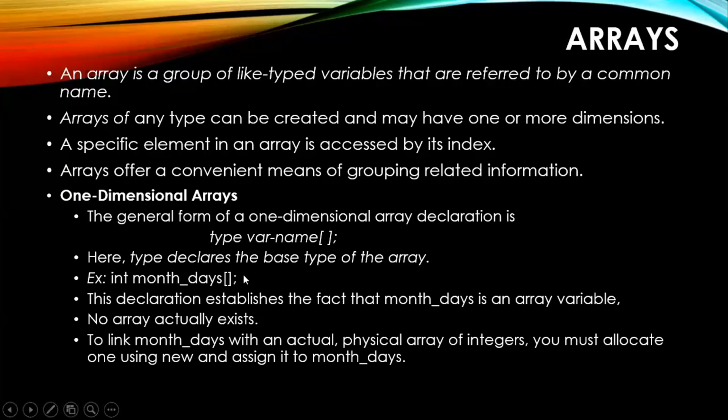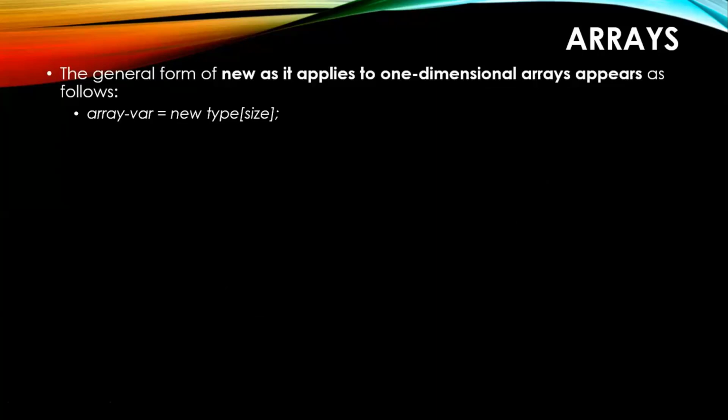After this declaration, we said that a logical appearance of an array will be there, but not a physical appearance, right? To get a physical appearance, what do we have to do? This declared name you have to take equals new, and specify which data type collection you want. So the array variable equals new, followed by a type, followed by the size.